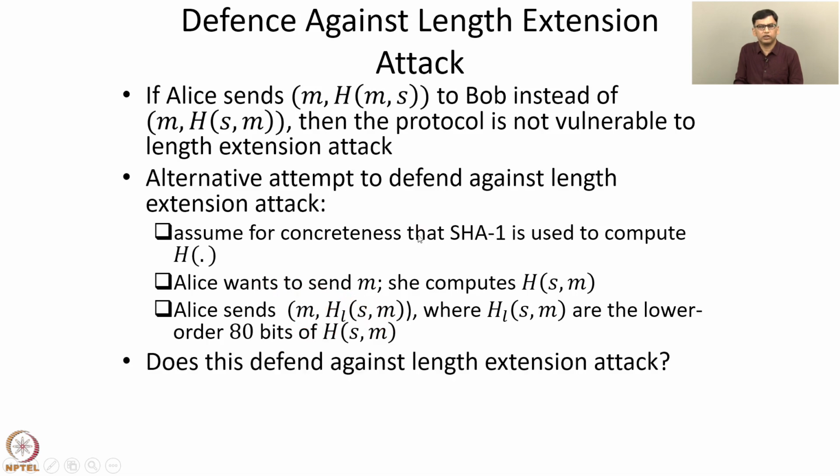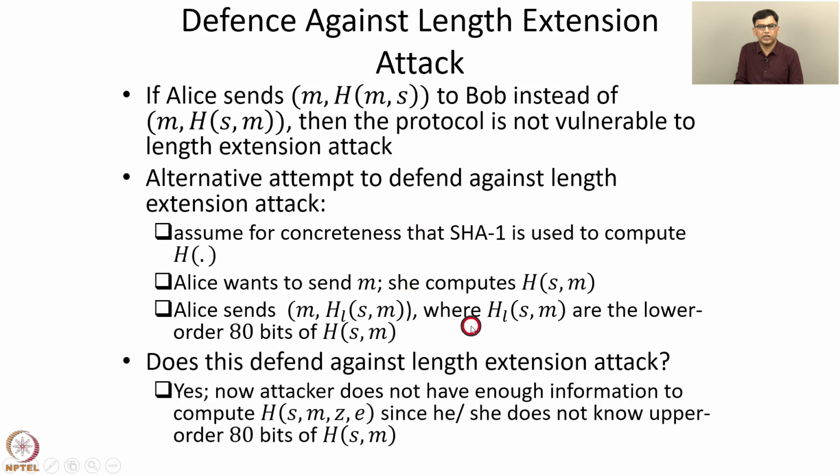So this successfully defends against the length extension attack because the attacker does not have enough information to compute the hash of the modified message, since the intruder does not know the upper order 80 bits of h of s comma m. So by omitting the upper order 80 bits, one can defend against the length extension attack.